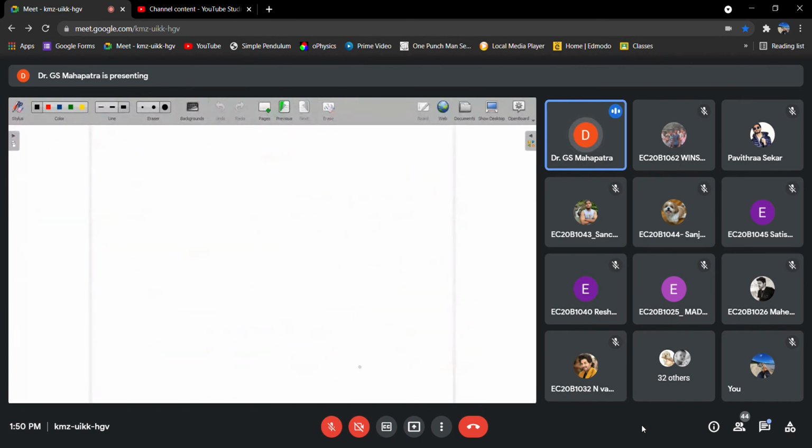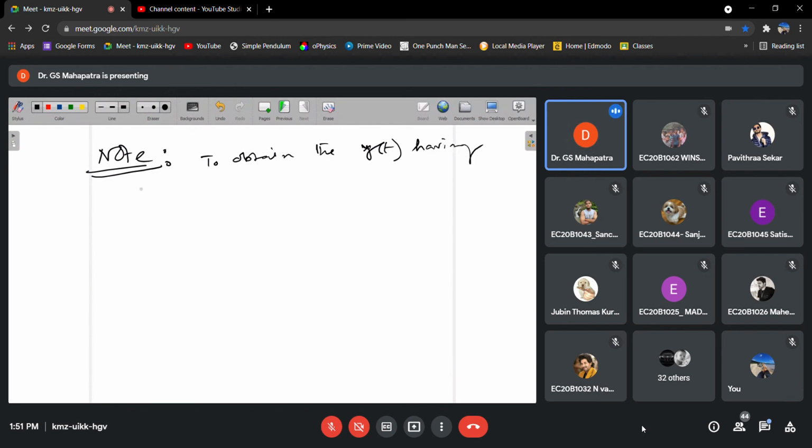Next way, I will write, is an alternative process to obtain y of t, having already obtained x of t. Already you have this one.